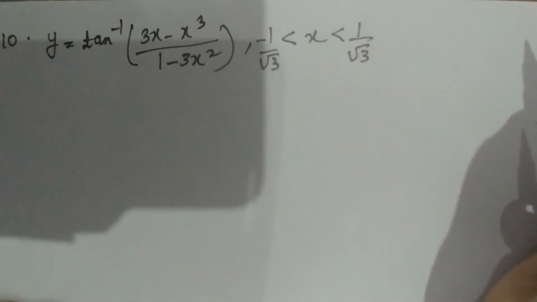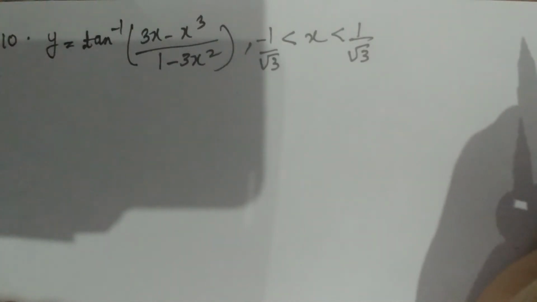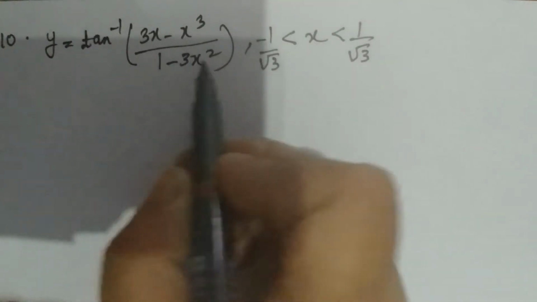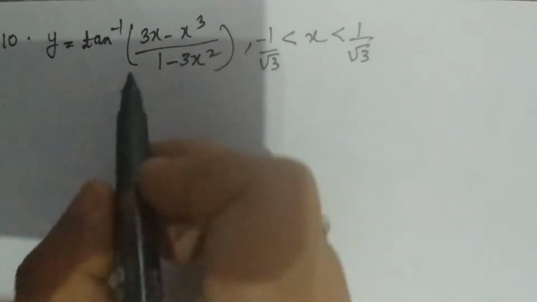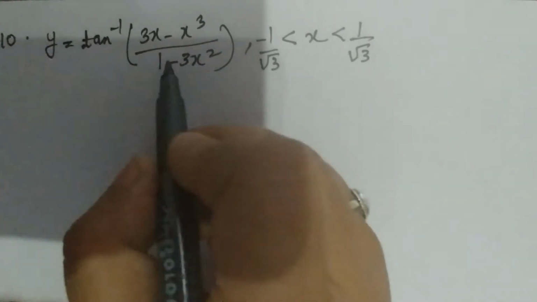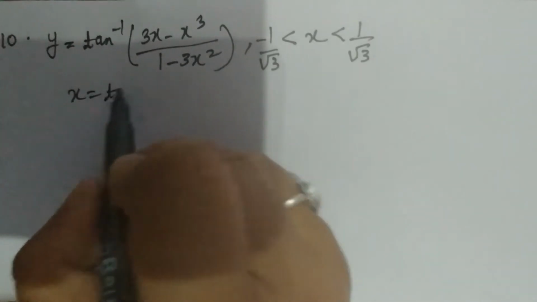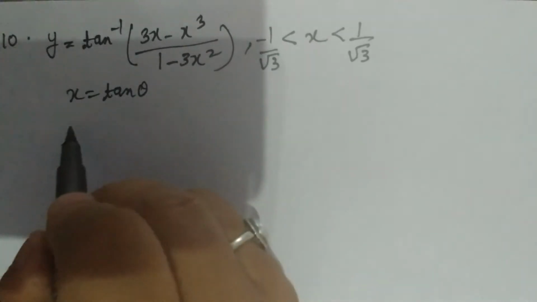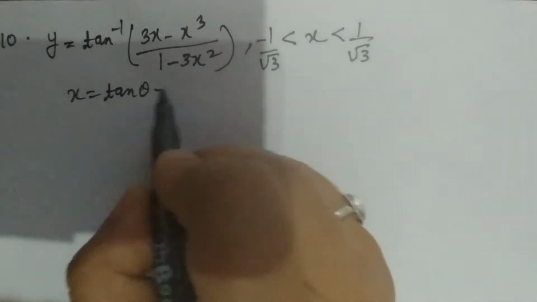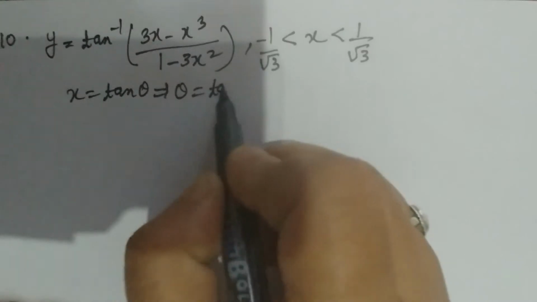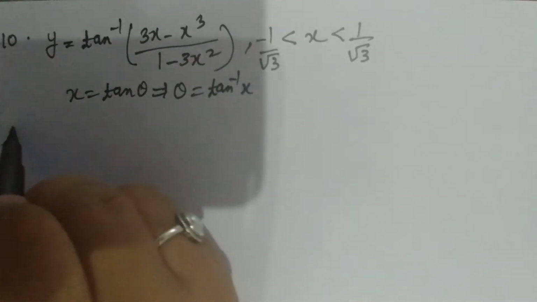So you need to differentiate. How should I go? I have to get tan of something from here, so I will put x as tan theta. Then theta will be tan inverse x.